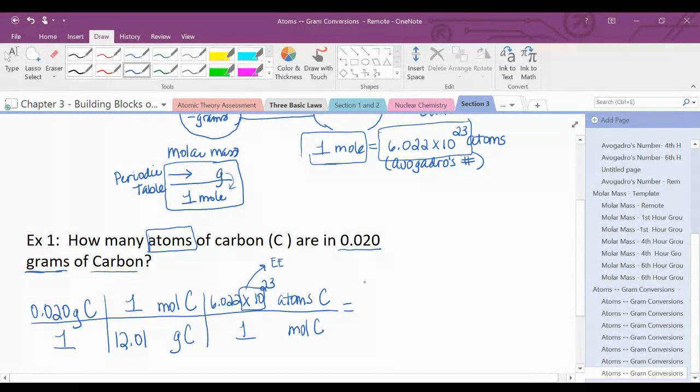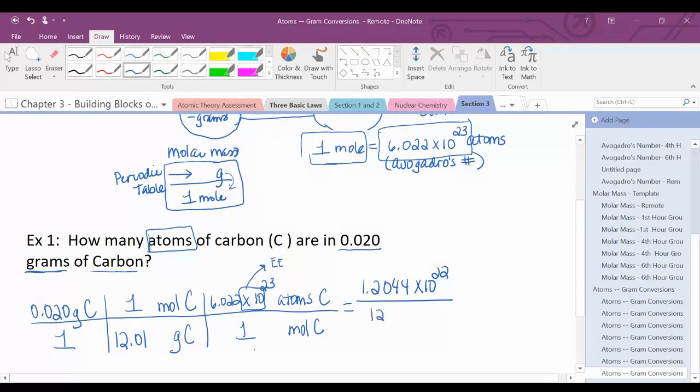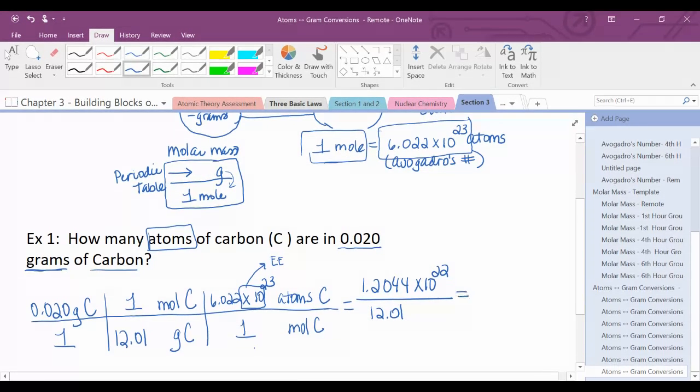And we don't round until the very end. Here's the answer my calculator is displaying. Then I do the same thing on the bottom, multiplying all the numbers on the bottom together, and then we divide.